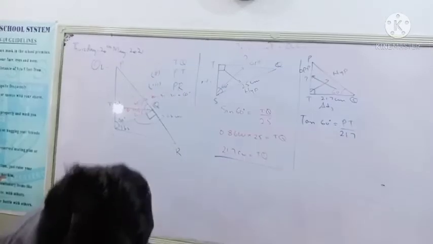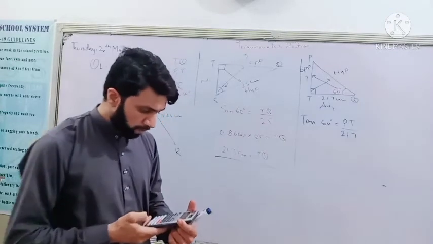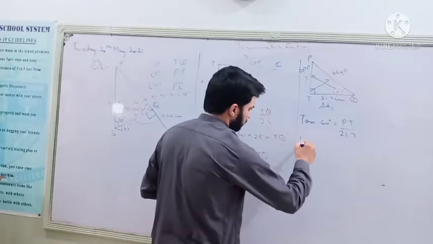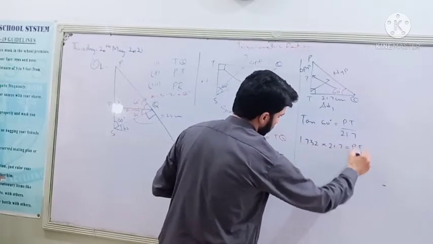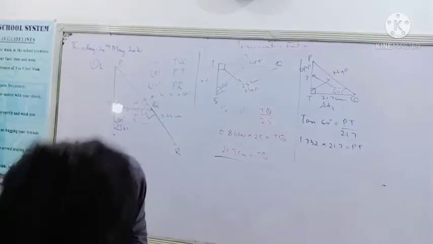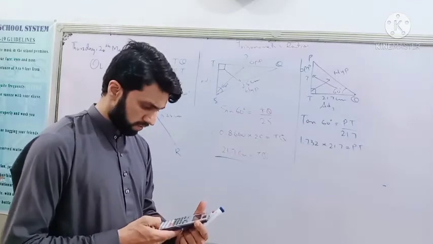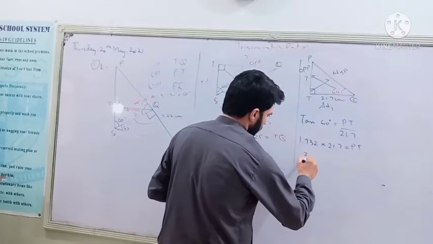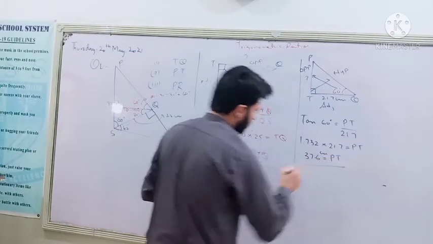Tan 60 is 1.732, multiplied with 21.7, which is 37.6. So 37.6 is PT.